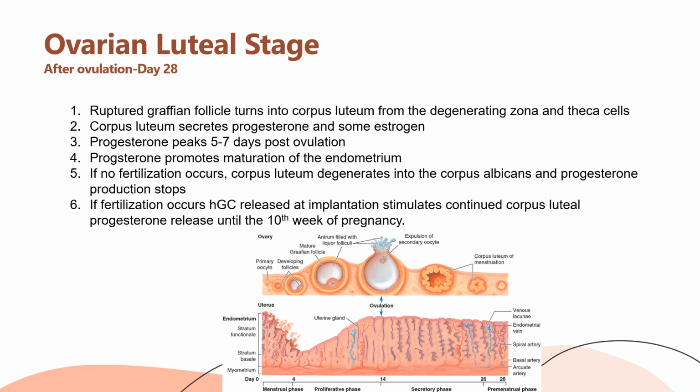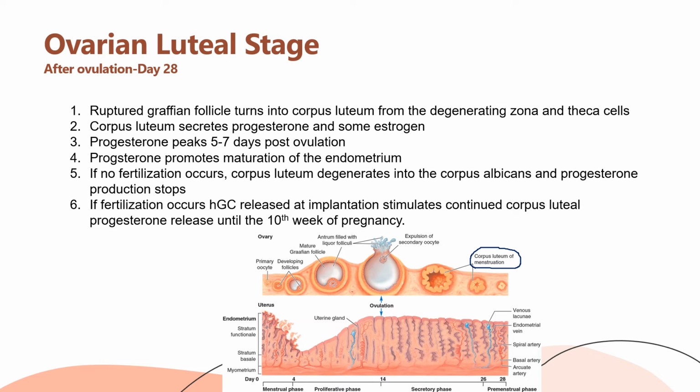At that point upon implantation, it will begin releasing HCG, or human chorionic gonadotropin. When HCG is released, it will act on that corpus luteum to tell it to go ahead and continue progesterone production until the first 10 weeks of life. So that definitely changes the process if implantation occurs.